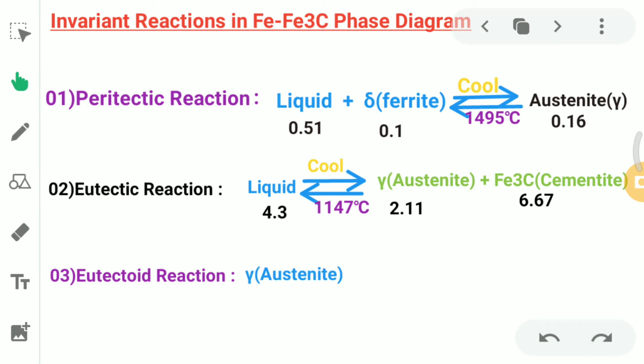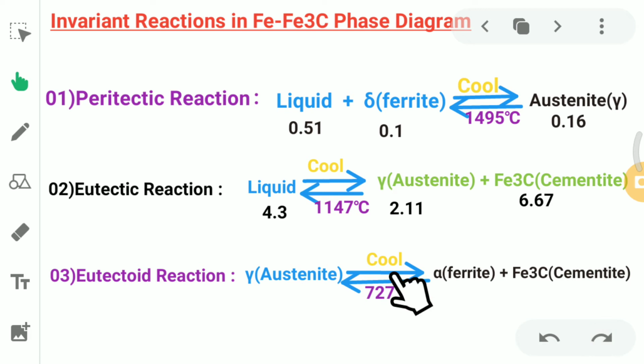In the eutectoid reaction, austenite is converted into alpha ferrite plus cementite. Here if we cool the austenite, we will get alpha ferrite and cementite, friends. If we heat this alpha ferrite and cementite to greater than 727 degrees, we will get austenite again, friends.